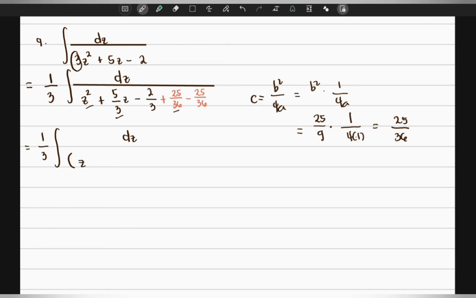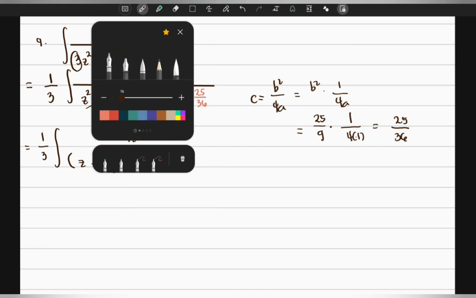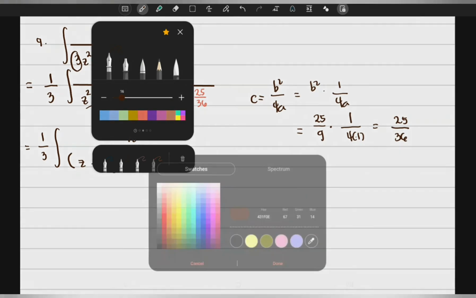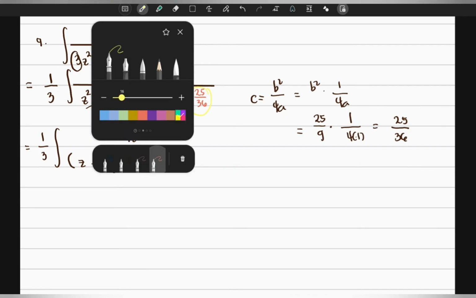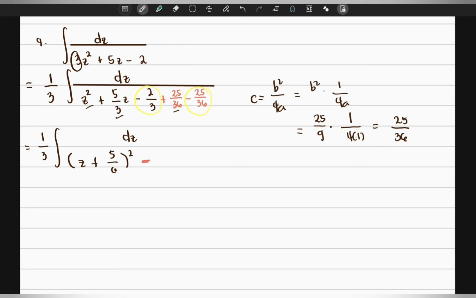Magiging z plus 5 over 6 quantity square. Ayan. Tapos, bilugan na lang natin. Tapos, ito at saka ito yung magkasama. Pag pinag-add mo yan, magiging negative 49 over 36.